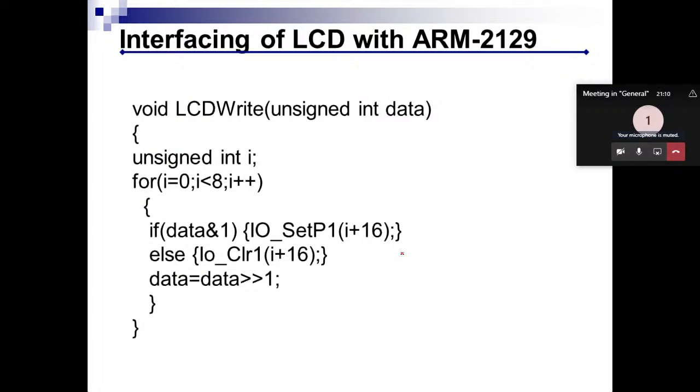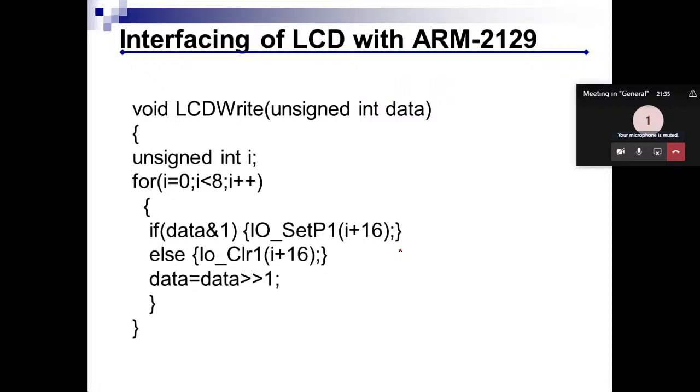Then another routine which we require in the LCD is the LCD write routine. In that write routine, we will write the different bits to the IO pins. We have 8 data lines, so in this 8-bit mode, we will be using 8 pins of the microcontroller to drive the LCD.